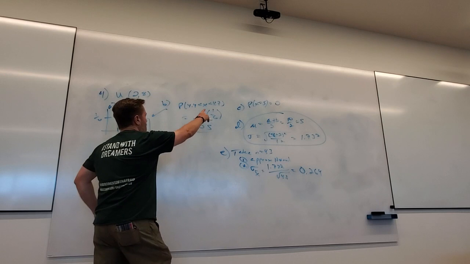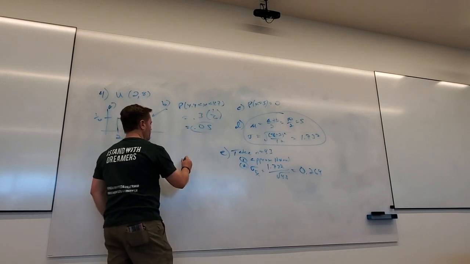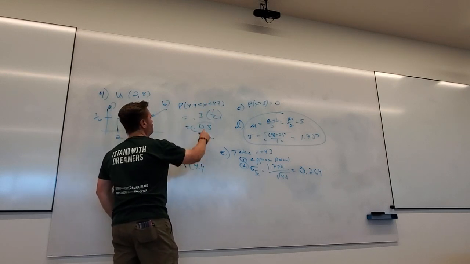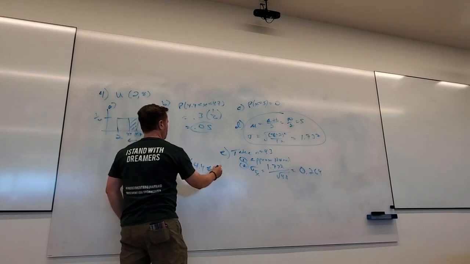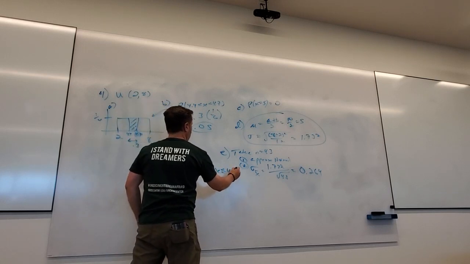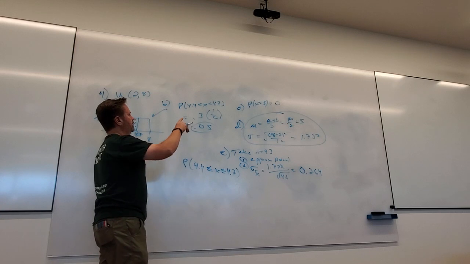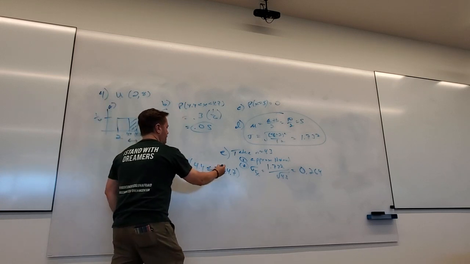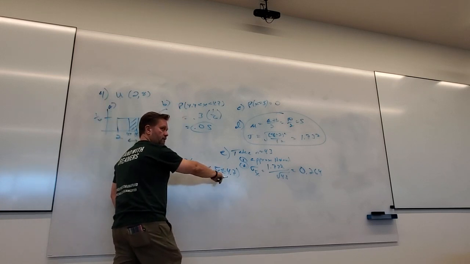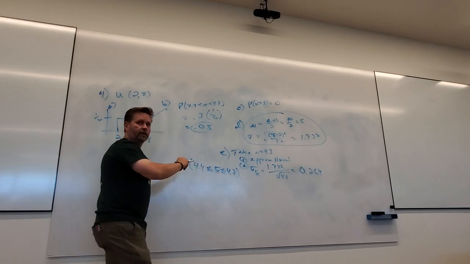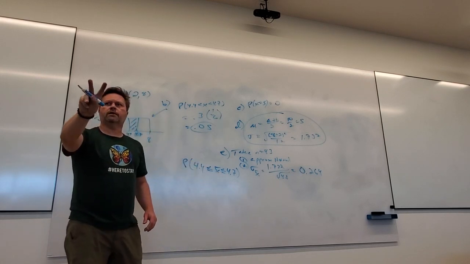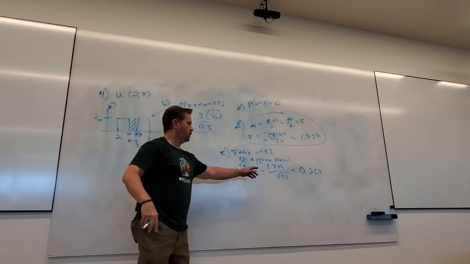So now the question becomes kind of the same as this. This is X bar here, correct? Remember, what were the two things I told you to look out for to know when to do this?